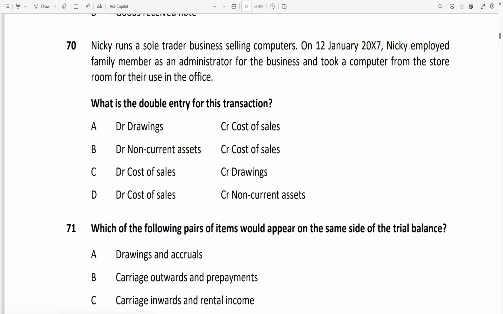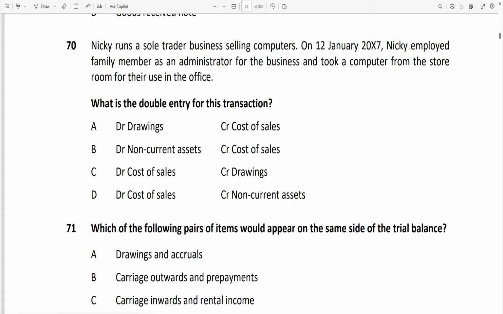Okay, cool. As per the question, Nikki takes a computer from the inventory, right? Being inventory, it's a part of cost of sales. And she takes out this computer for use in the business. So if they are taking the computer out of inventory, it is no longer considered part of inventory, so we need to reduce the inventory.